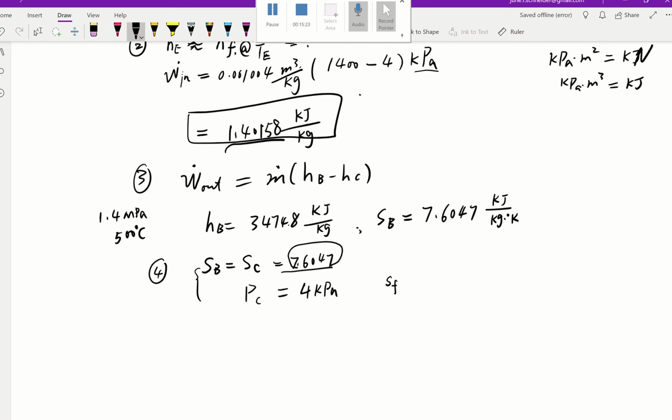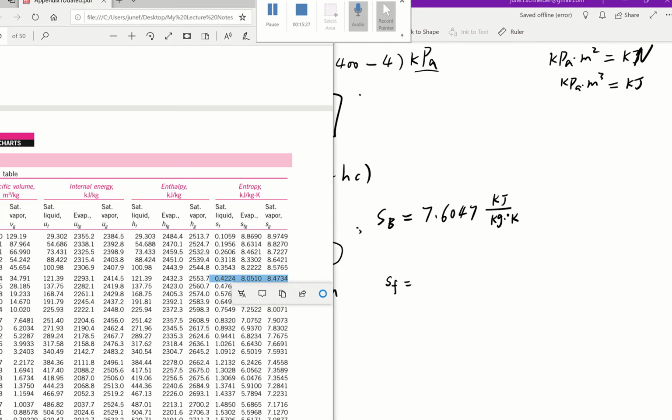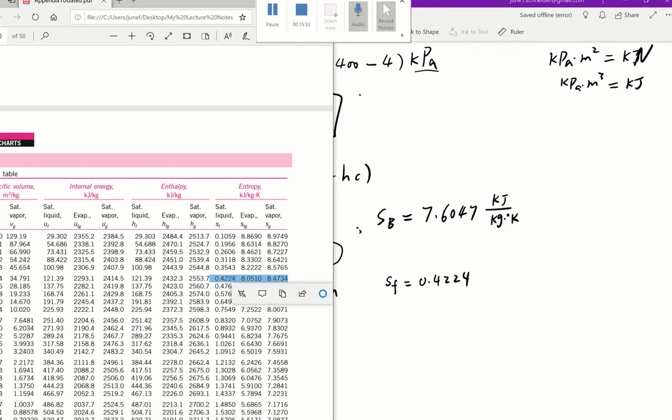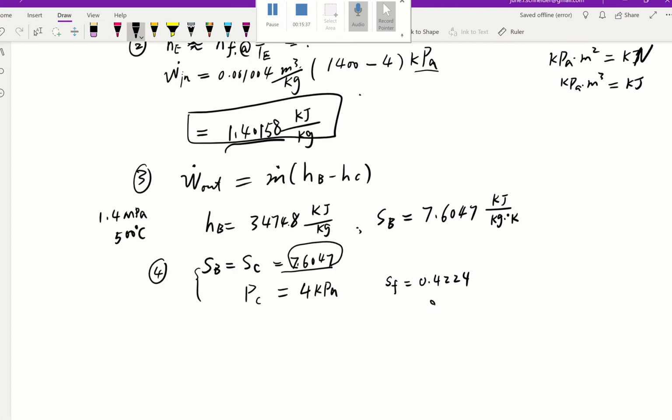SF is 0.4224, and SG is 8.4734. That's our SF and SG value.